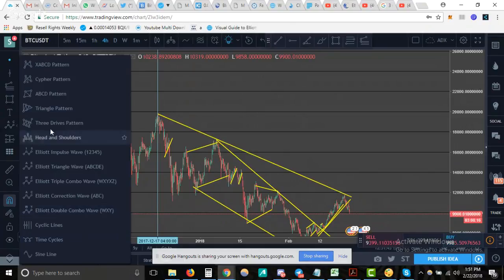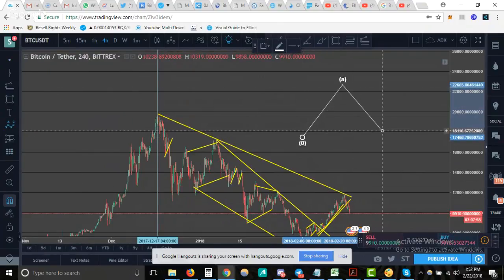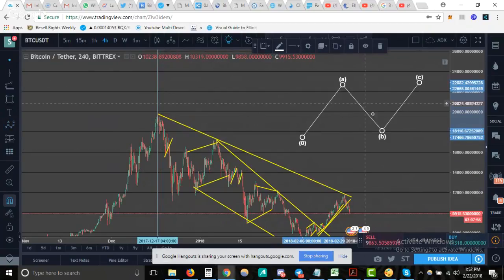We have different Elliott wave patterns, but looking at this, let me use A, B, and C. This ABC is a complete three-wave pattern of an Elliott wave. We also have 1, 2, 3, 4, 5, which we'll come to later.